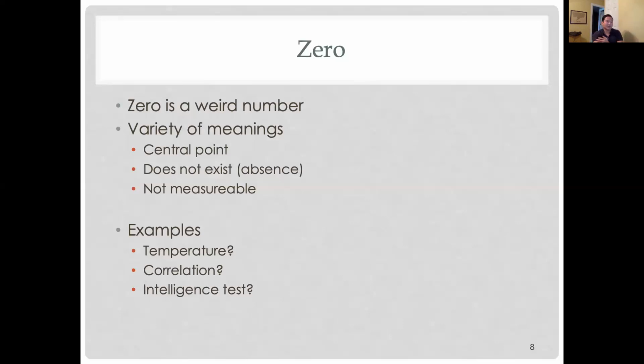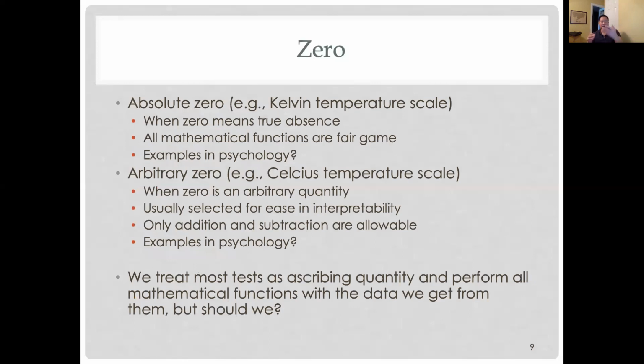Here's my advice. Practically speaking, avoid 0 unless it truly means the absence of something. Because if you choose 0, you limit yourself. If you say, oh, 0 is strongly disagree and 6 is strongly agree, and you end up wanting to multiply things together or do some other transformation, you've painted yourself into a corner, right?